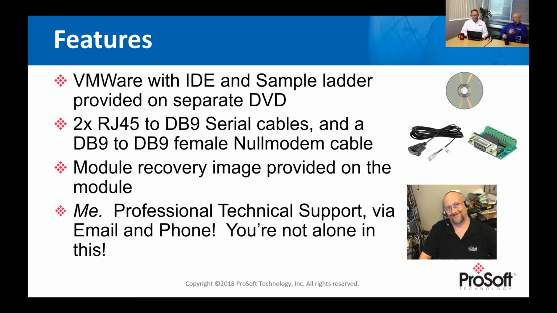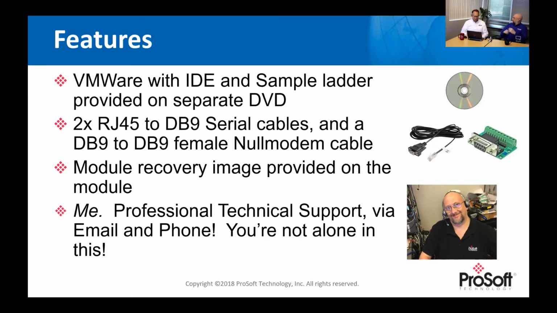There's two Nullmodem cables in there, so you can connect to the module and log into it. Since it is a Linux machine, a headless Linux box, there is a shell running on it. So you can log in through the Nullmodem cable, connecting that to your PC. We include those in the box, as well as our little, what we call around here, our 1454 9F, which is a DB9 to Phoenix screw terminal.